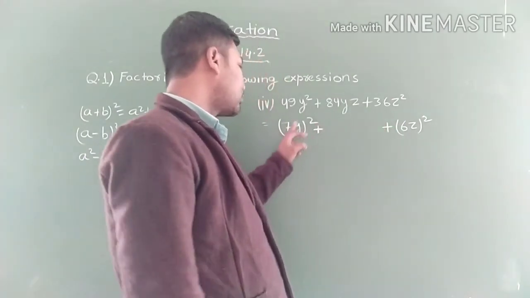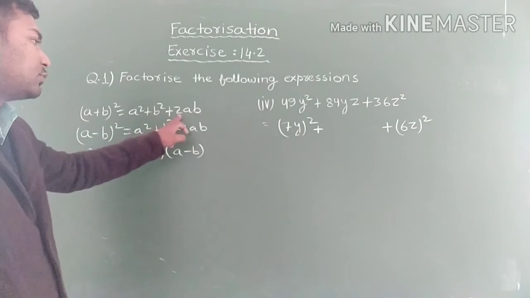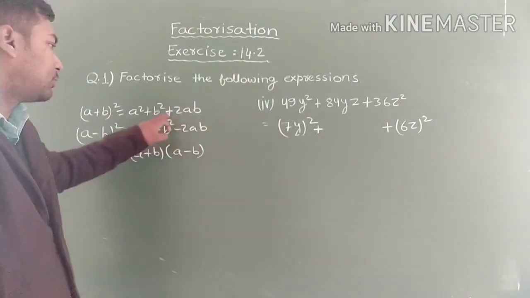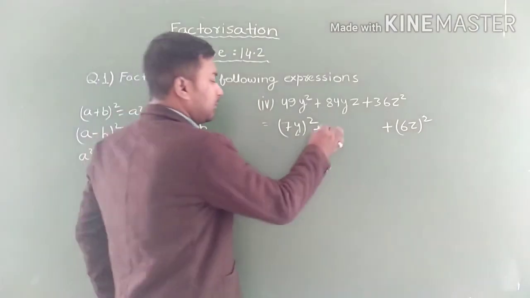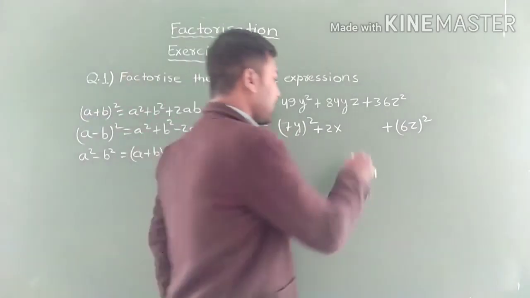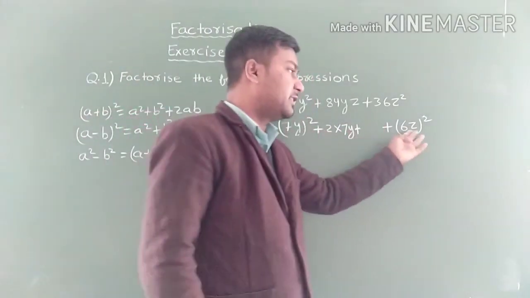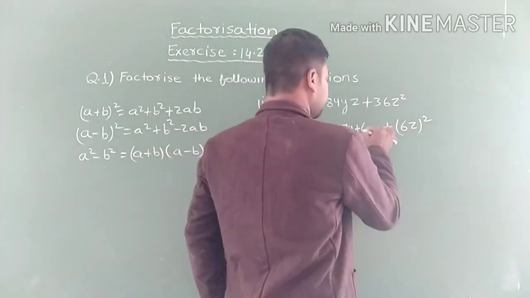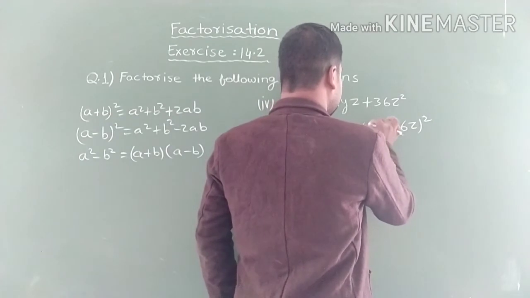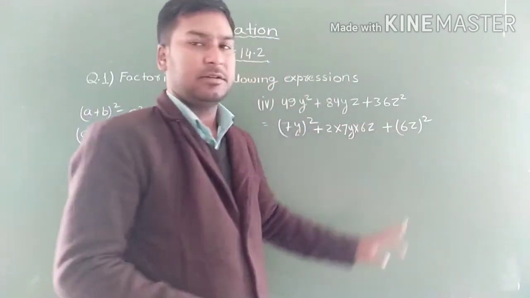This is a square plus b square plus 2ab, we can convert it into this form. So plus 2 into a, where a is 7y, into b, where b is 6z.